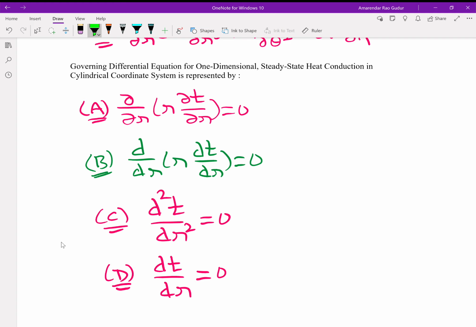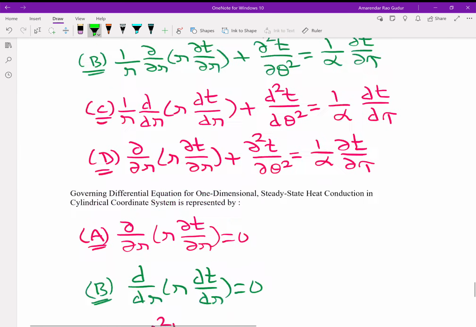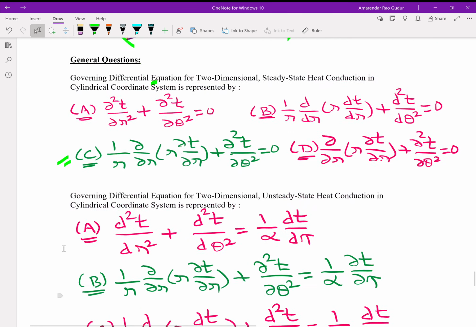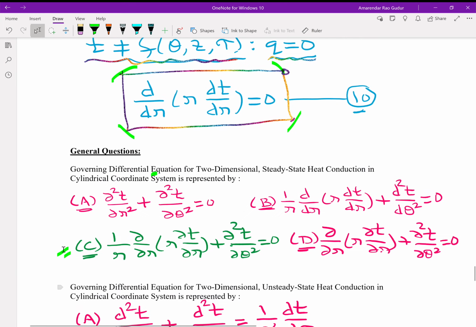So when temperature is a function of R alone, no need for partial derivative. So this looks to be good. D by dr, R dT by dr is equal to 0. And this one is wrong because d square T by dr square cannot be used. And the fourth one is absolutely wrong. So these are very simple ordinary questions that may be expected for a mark or a couple of marks.